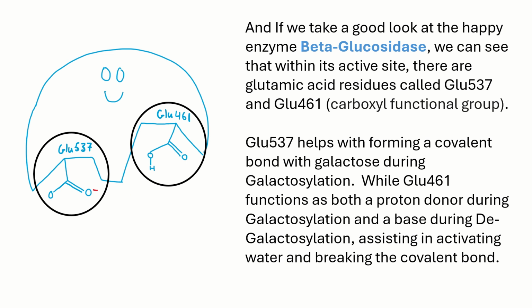Glu537 helps with forming a covalent bond with galactose during galactosylation, which we'll get into in a moment, while Glu461 functions as both a proton donor during galactosylation and a base during degalactosylation, assisting in activating water and breaking the covalent bond.